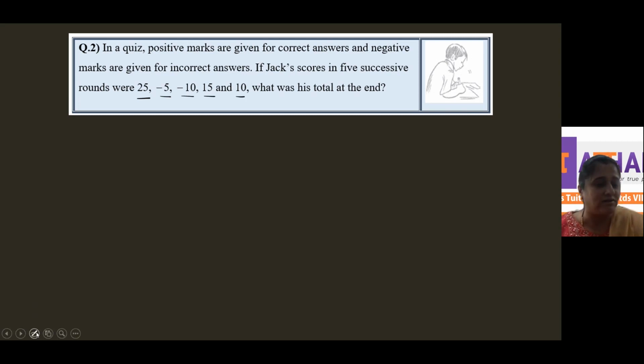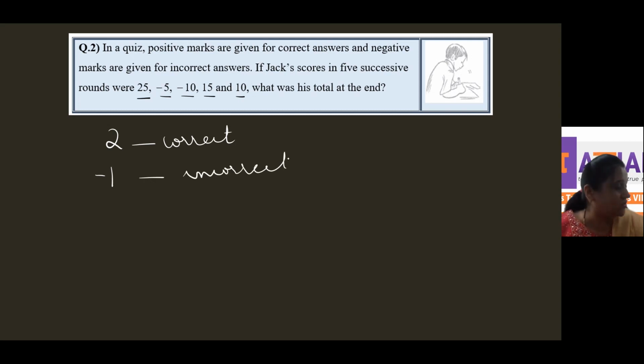Because there's negative marking, okay? Meaning what? Supposing you get 2 marks for correct answers and 1 mark minus for incorrect answers. Now, supposing you answer 4 correctly. 4 into 2, you would have got 8 marks. Supposing you answer 10 incorrectly.